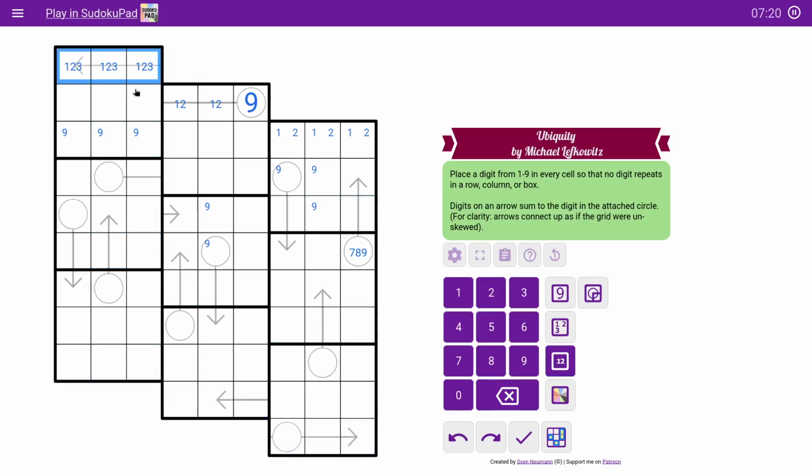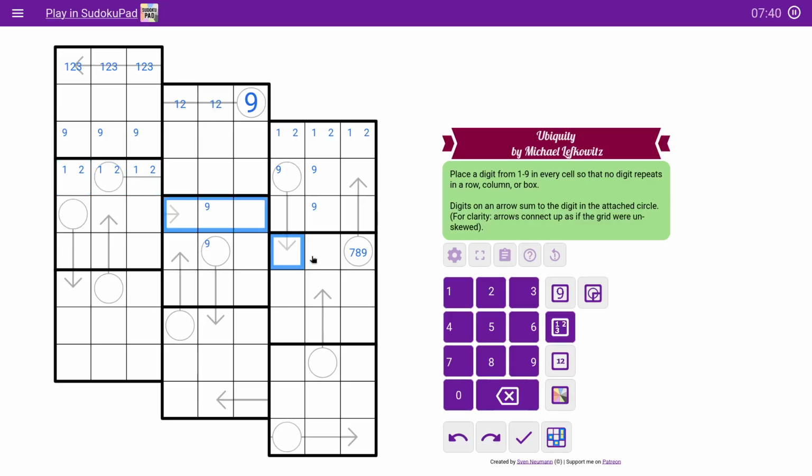So does that help us with 1, 2? There cannot be 1, 2 here, or here. So this must have a 1, 2. Which I guess could include this. Let's not get too excited because it could be 2, 1.